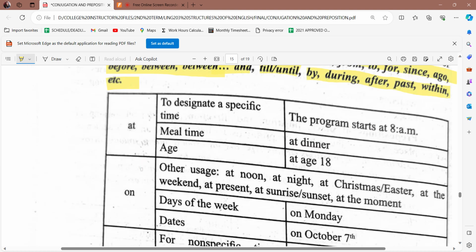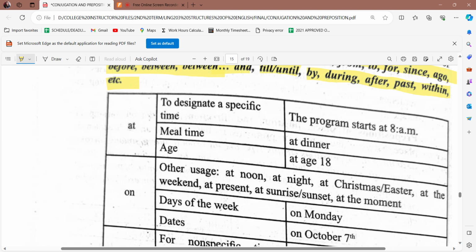In the prepositions of time, we use at to designate a specific time. Example: the program starts at 8 a.m. So there is a specific time indicated in this sentence.